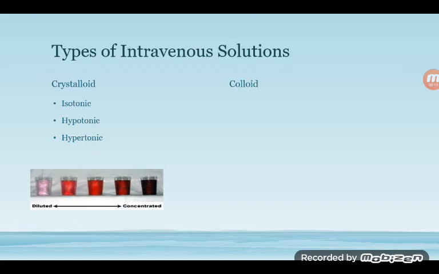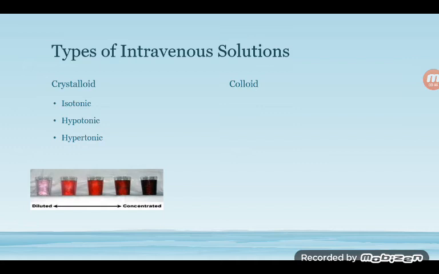So we have isotonic, hypotonic, and hypertonic. Isotonic is anything that equals the tonicity of the blood. It equals the concentration of the blood. Hypotonic has less than the concentration of the blood. Hypertonic has more than the concentration of the blood.